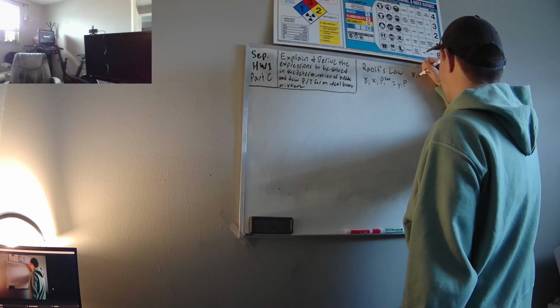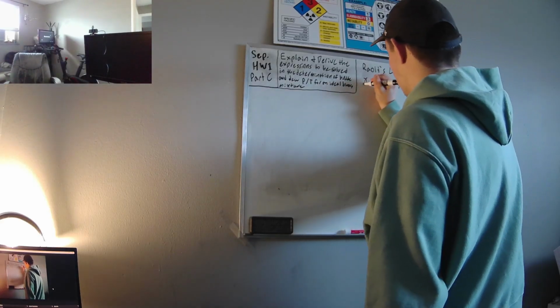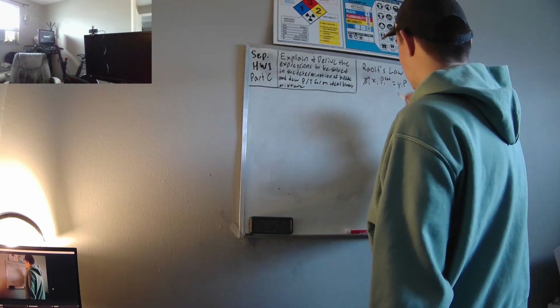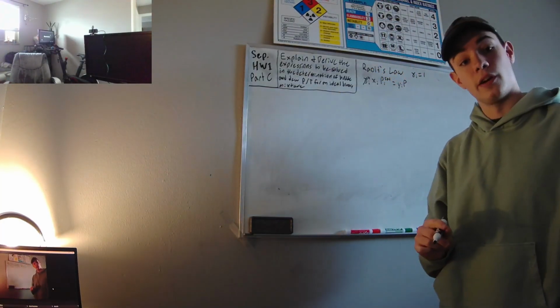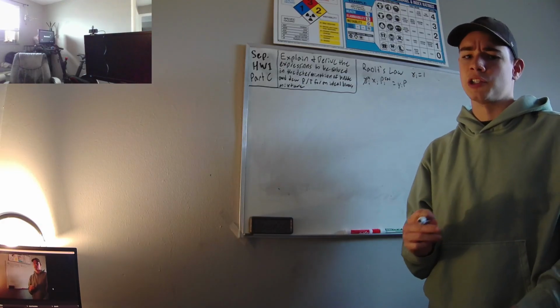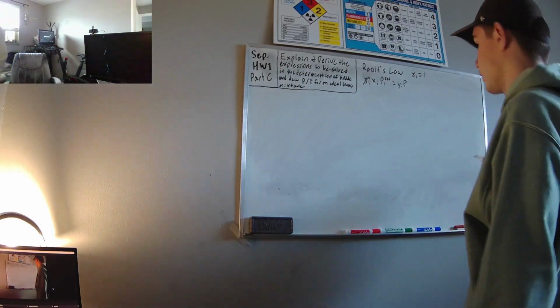So we can functionally get that out of our expression. Now moving on from here, we're going to do the easiest expression in my opinion, which is the bubble pressure.